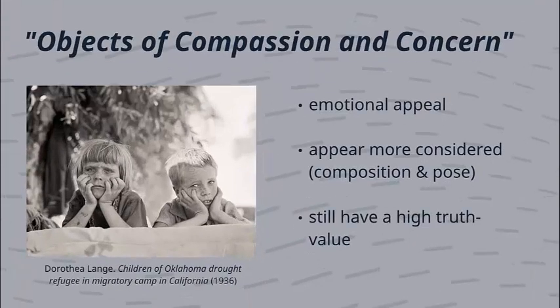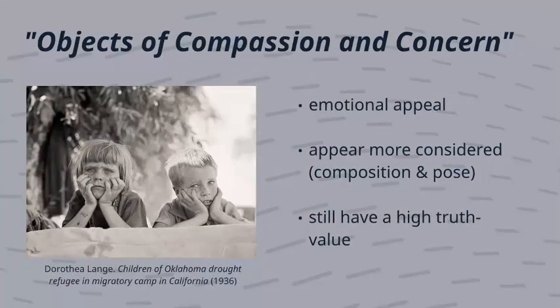In comparison, other forms of documentary photography, here for instance in the photograph by Dorothea Lange, show how documentary photographs can don a very different aesthetic, can be more stylized, can have almost an artistic quality to them, unlike the realist aesthetic that feels quite sudden and immediate and unplanned.